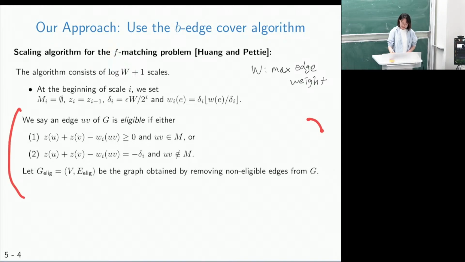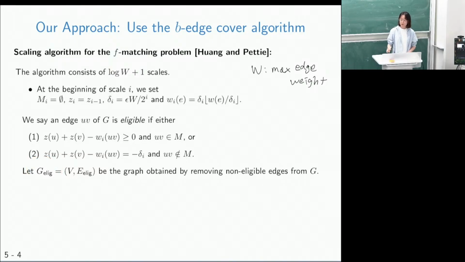It is, again, not very important, but I should mention that this eligibility depends on the dual values of its endpoints and the approximate weight. Then G eligible is the subgraph of G induced by eligible edges.